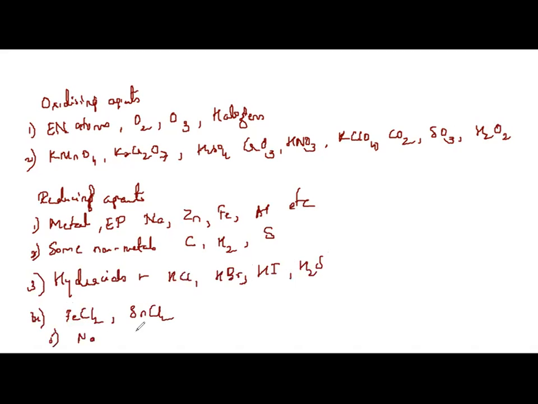Metallic hydrides, sodium hydride and lithium hydride, act as reducing agents. In metals, the strongest reducing agent is lithium. Lithium is the strongest reducing agent in solution, and cesium is the strongest reducing agent in the absence of water.